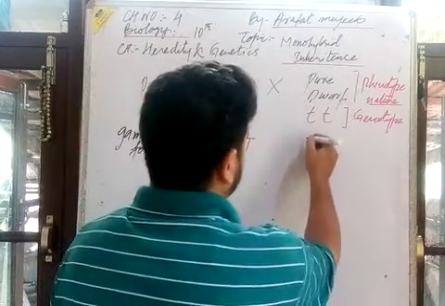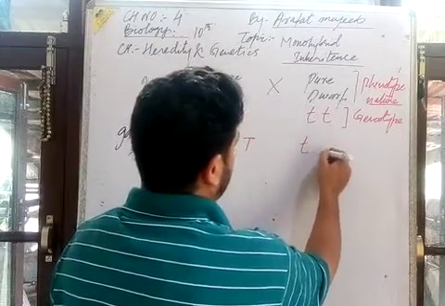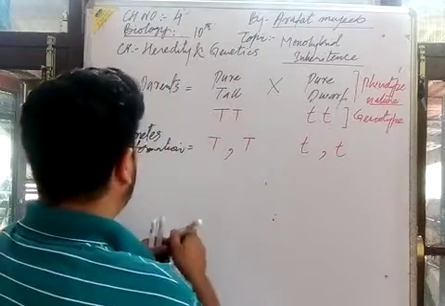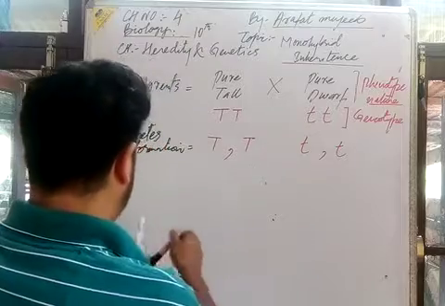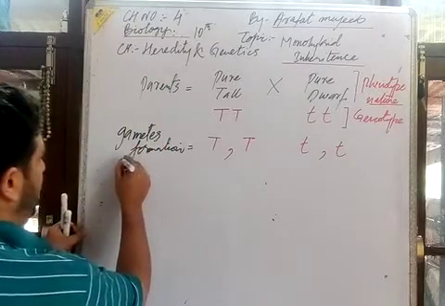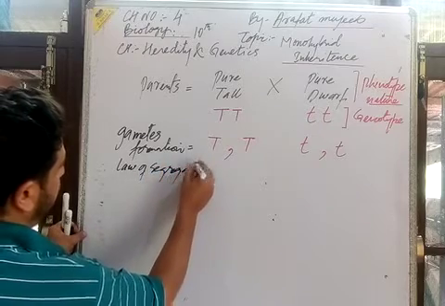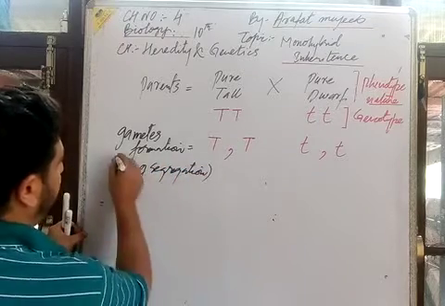Here is the T and comma. That means gamete formation takes place according to the law of segregation of gametes.